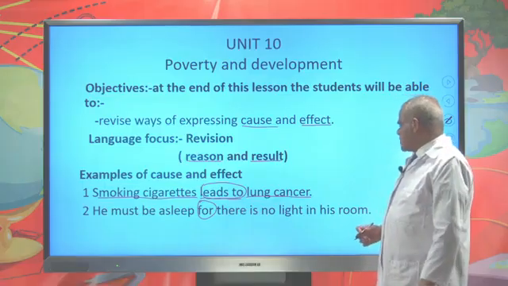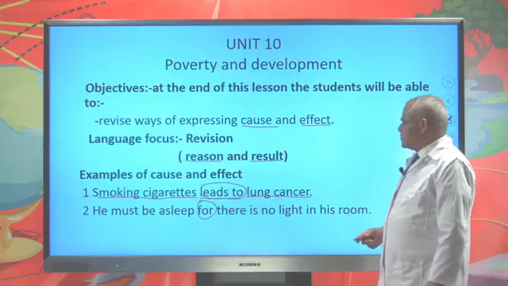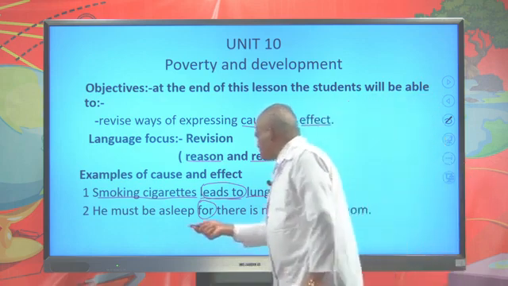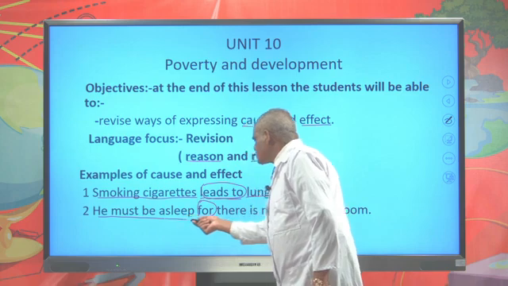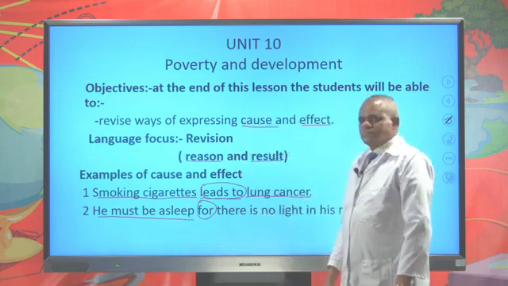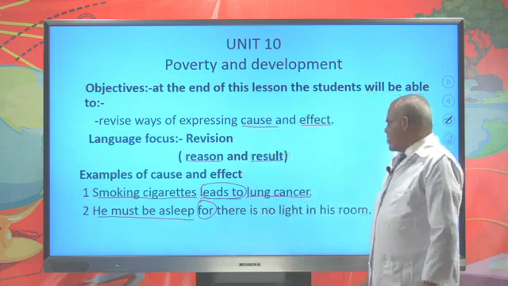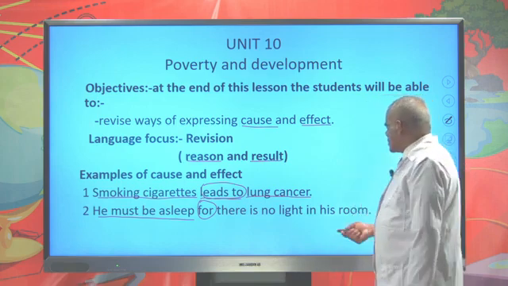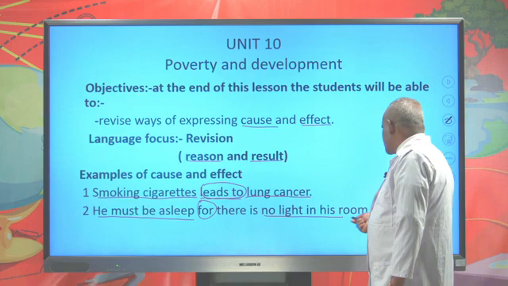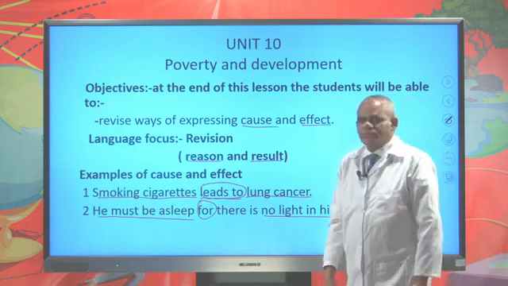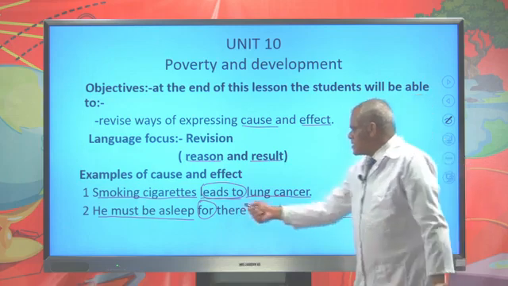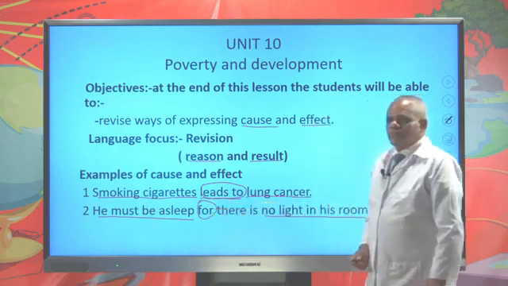So, "he must be asleep" is what? It's obvious that it is a result. Why must he be asleep? Because of what? No light in his room. That is the cause. You see, cause and effects can be joined by this form.